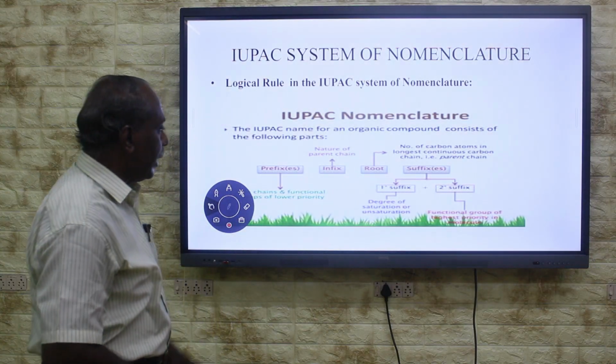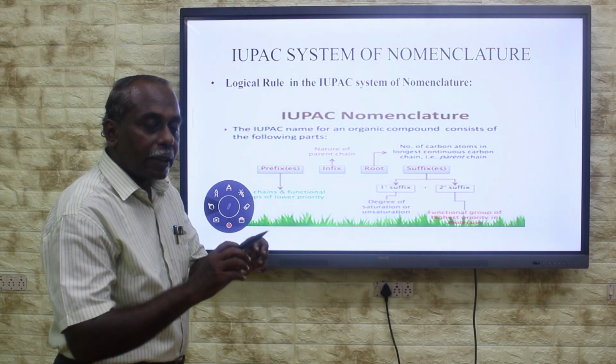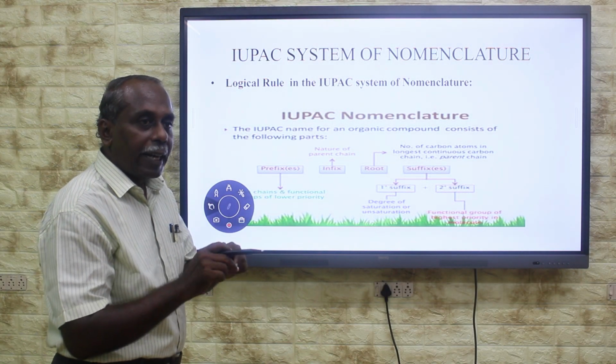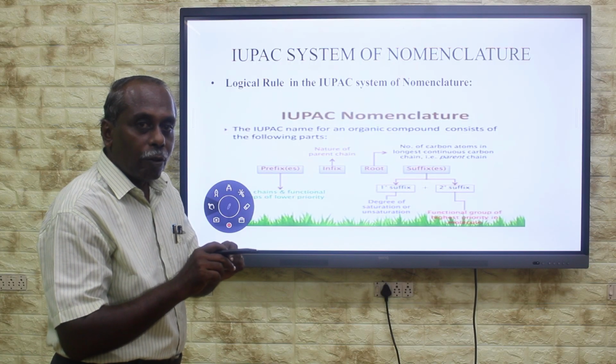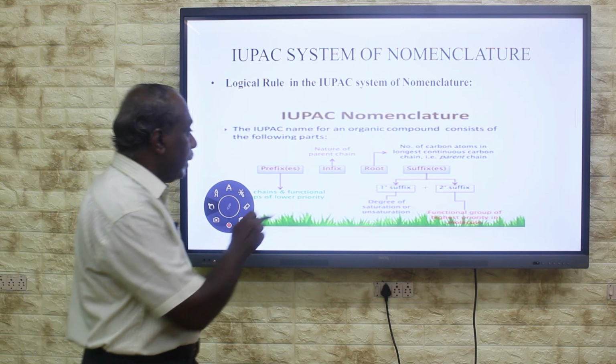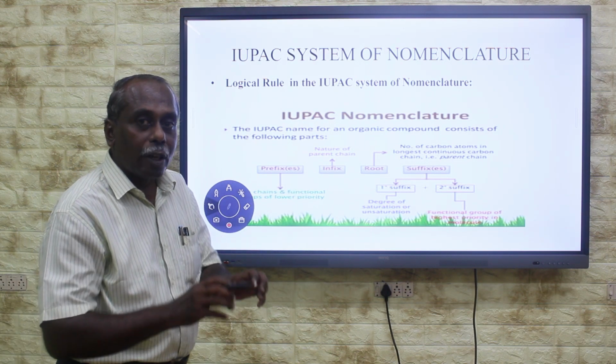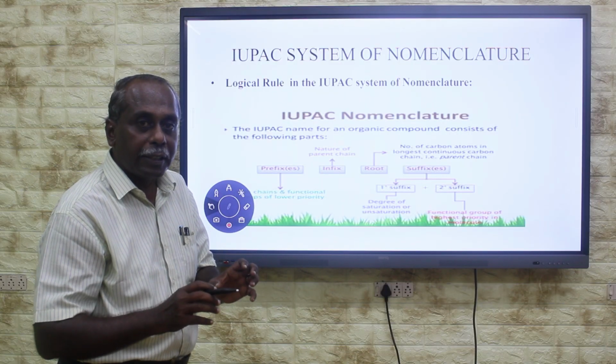In the secondary prefix, we talk about how the carbon atoms are arranged in the molecule, whether in an open chain or in a cyclic compound. Then the root word talks about how many carbon atoms are present in the chain.